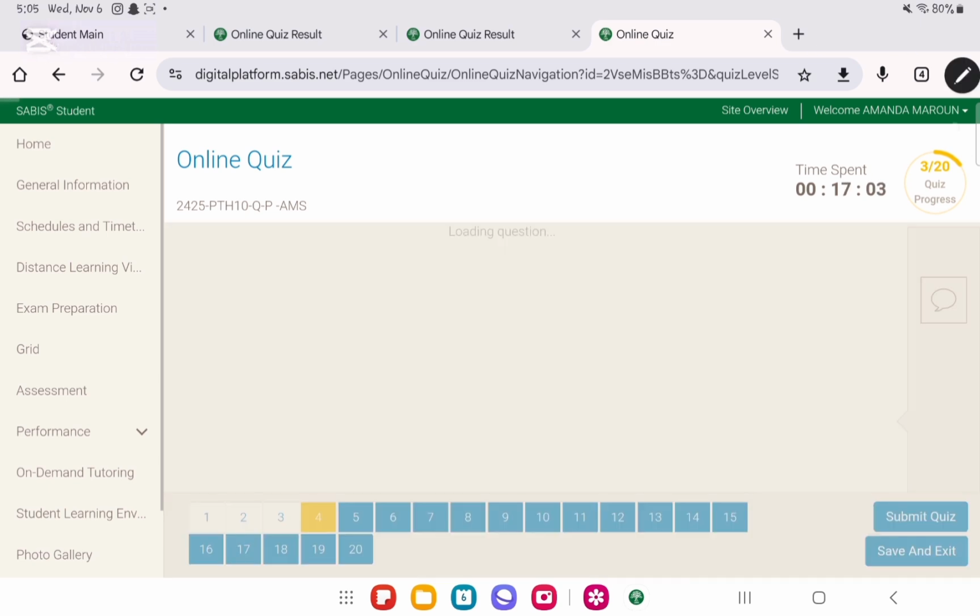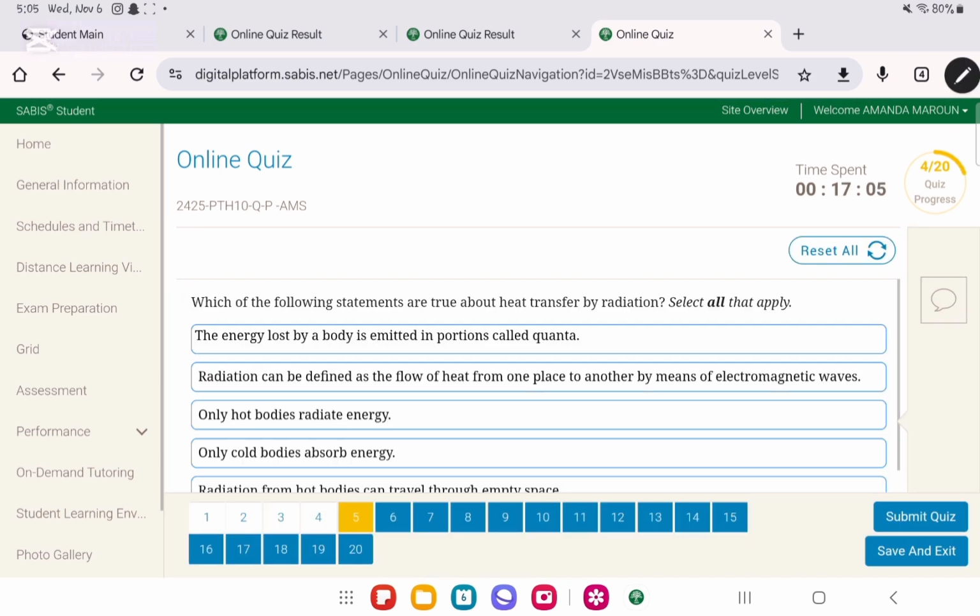So now we move on to question number 5. Which of the following statements are true about heat transfer by radiation? Okay, please pay attention to this. We say that the heat transferred by radiation is quantized, okay? Quantized means that it has a quantity.